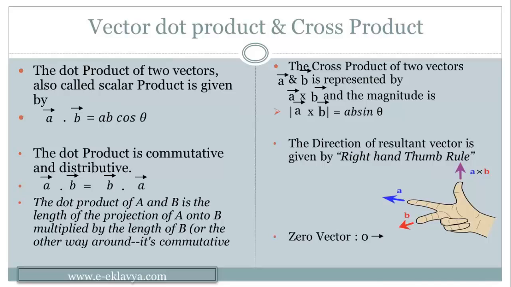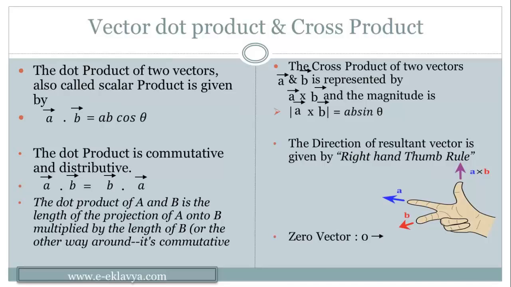So let us talk about vector dot product and vector cross product. So what is a vector dot product and vector cross product? These are basically two different types of multiplication of two vectors. One leads to a vector as the resultant, the other leads to a scalar as the resultant.